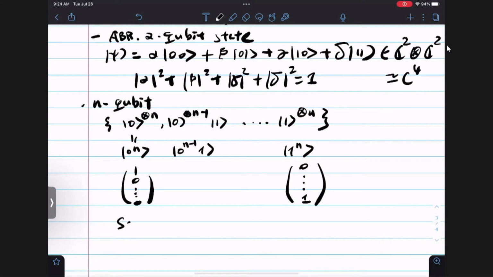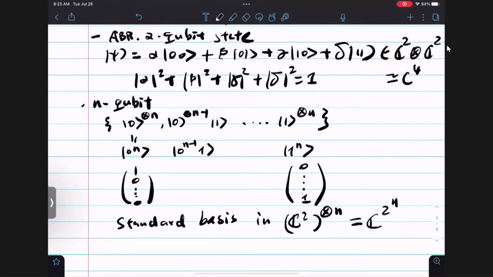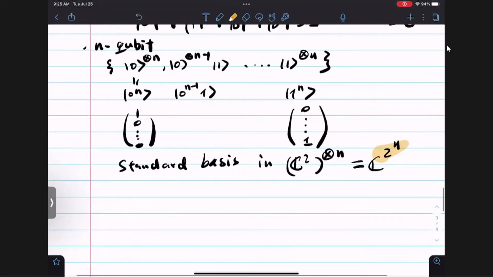So they form a standard basis in C^2 tensor n, which is C to the 2 to the n. So I want you to observe here that, again, this dimension grows exponentially with the number of qubits. And this is a different feature than classical bits.